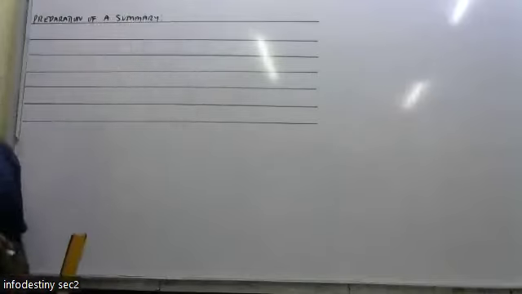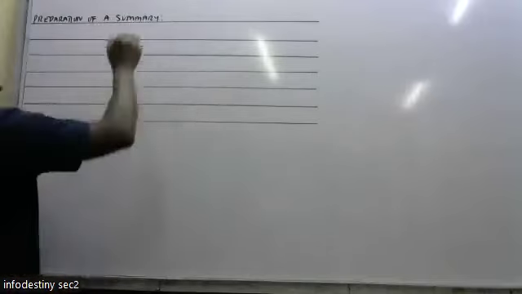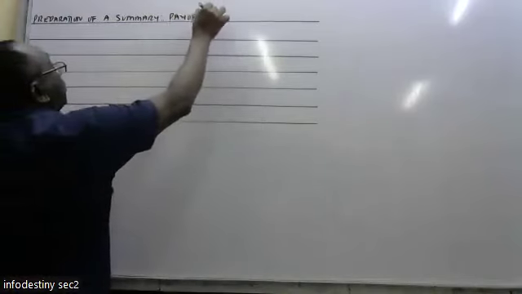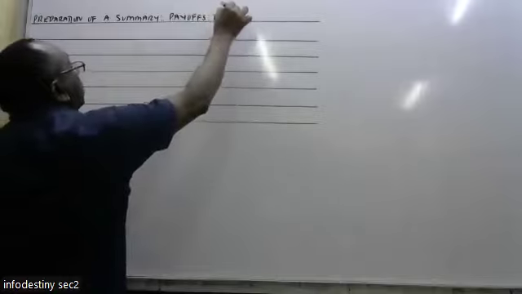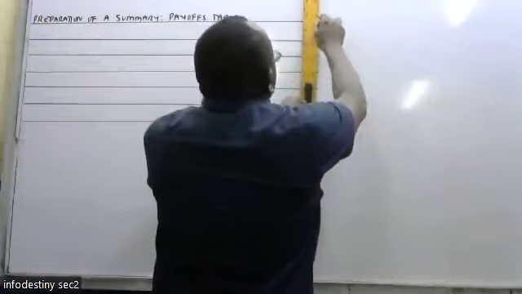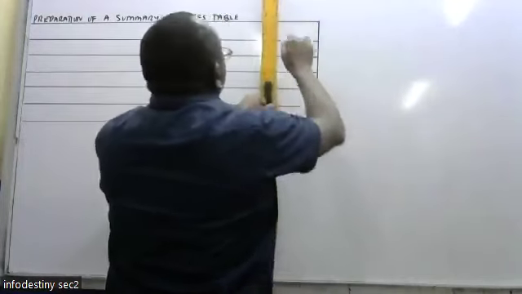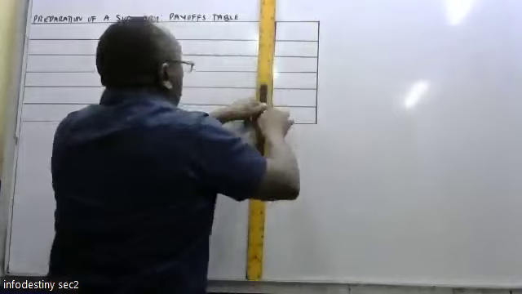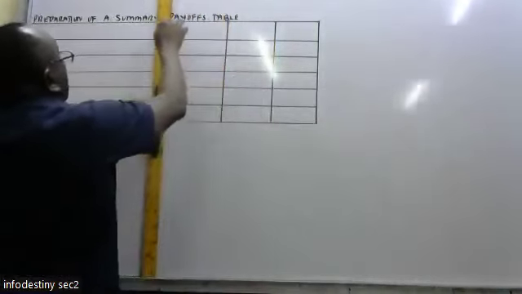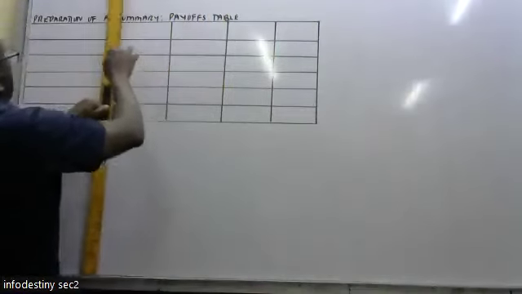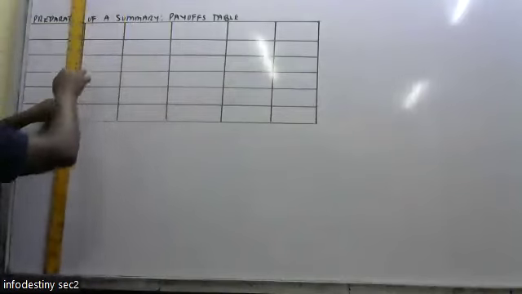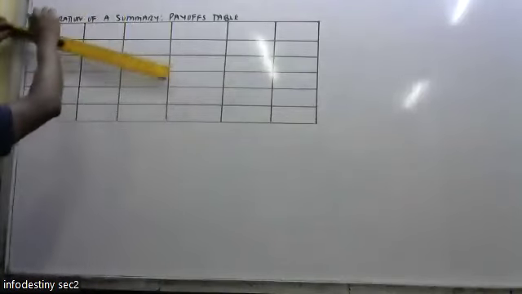Now, when we are in SQL stage, the summary is called a payoff table. Payoff table when you are in SQL stage. So this payoff table is designed like this.